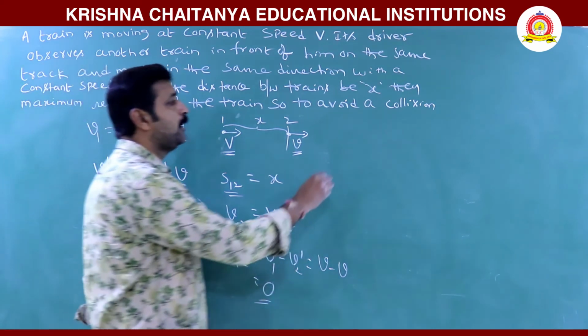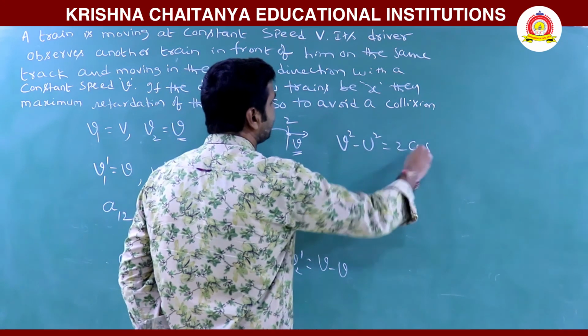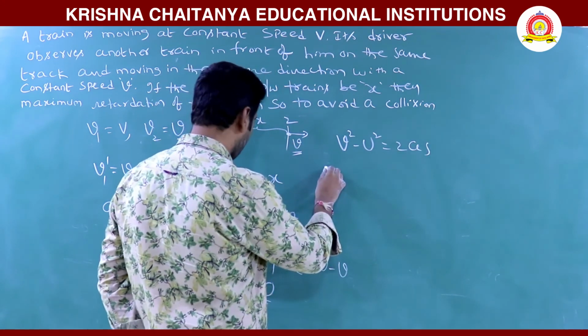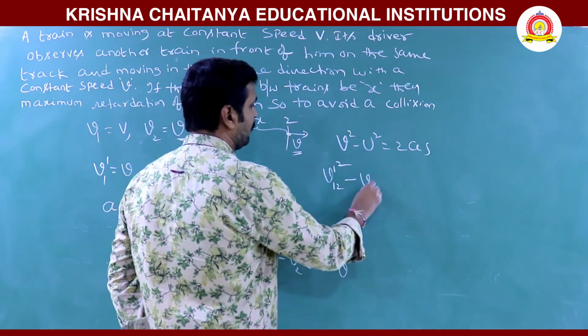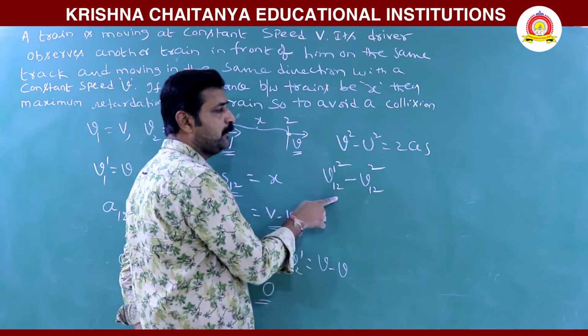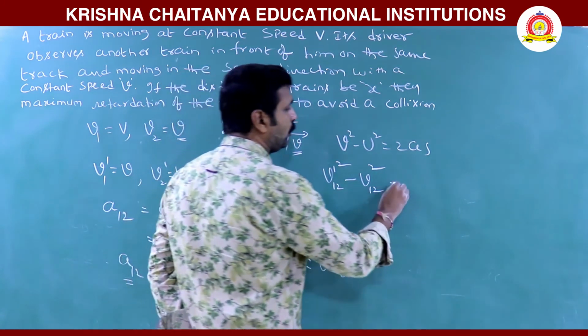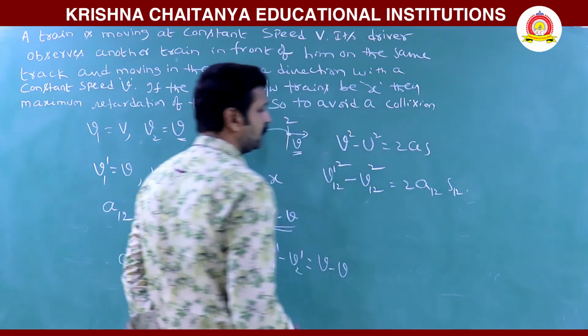Now, using the formula v squared minus u squared equals 2as, in relative form: v12 dash squared minus v12 squared, where initial is v12 and final is v12 dash, equals 2 a12 s12.